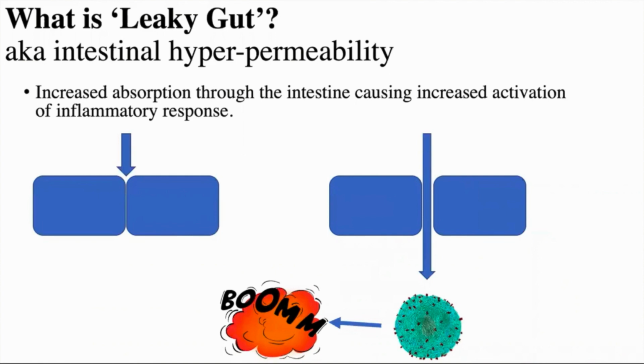At core, what we're really talking about is that too many large, immunogenic particles are making their way from the lumen of the intestine and crossing over into what we used to call the sacred space of the body, where the immune system is waiting, and basically it flips out, right?